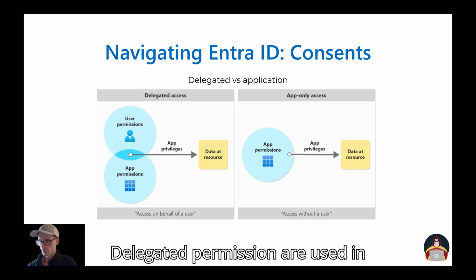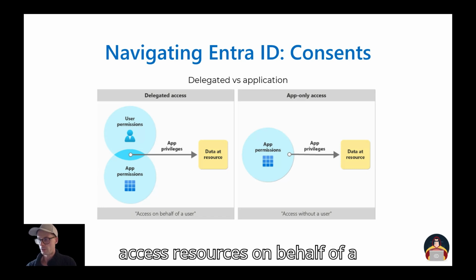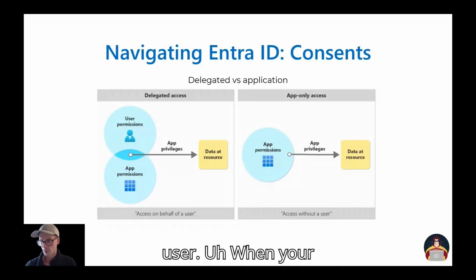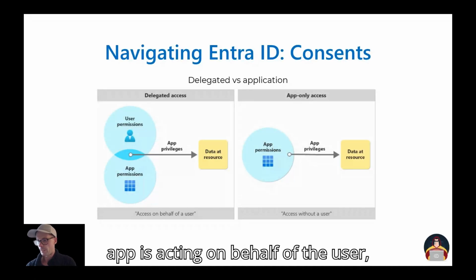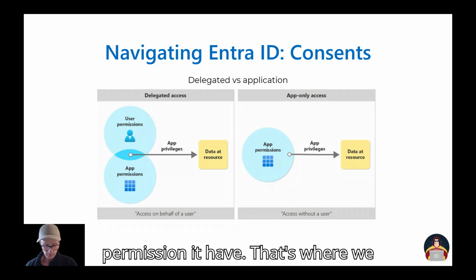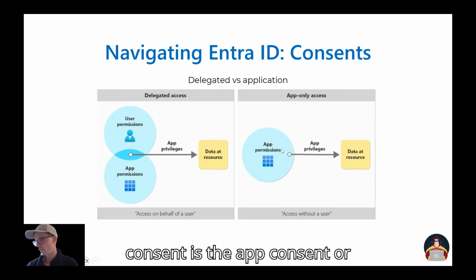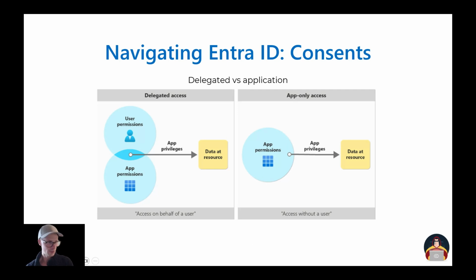Delegated permissions are used in scenarios where an application needs to access resources on behalf of a user. When your app is acting on behalf of the user, it's also constrained by the permissions it has. That's what we see in this drawing. So the most critical consent is the app consent, or so-called admin consent.